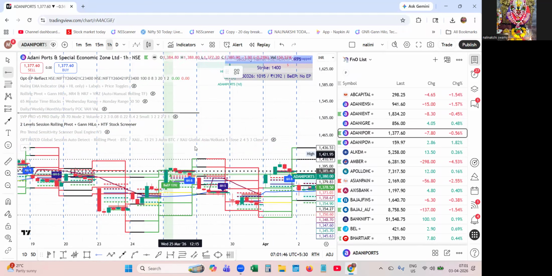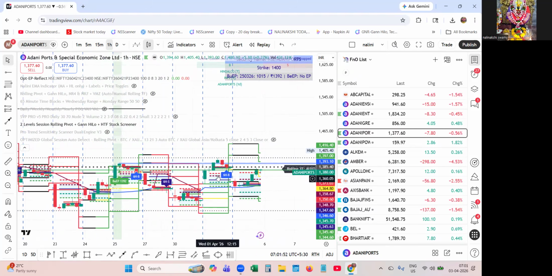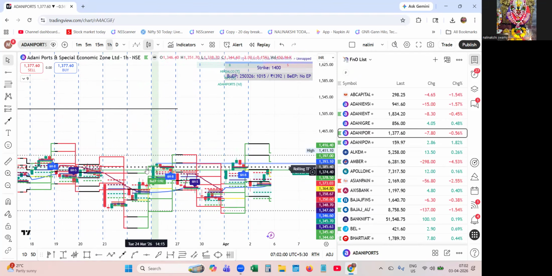See how many days it has taken. 25th March. Now, it is again making an attempt to cross this level. After the bullish EP, there was a pullback and it made a higher high and again it is trying.